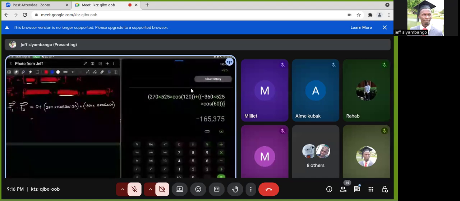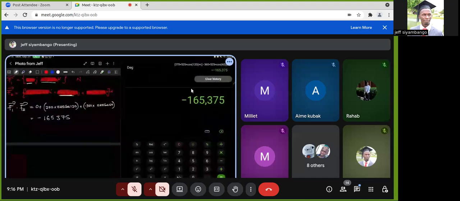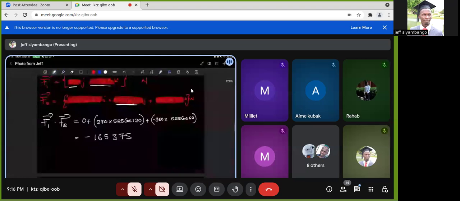Okay, now I'm sorted and getting minus 165,375. So this is what we're getting as the dot product. Is this what you're getting?